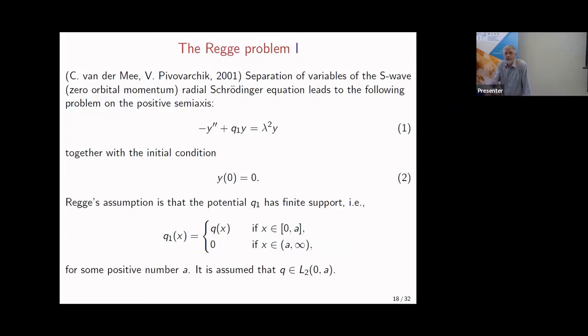So Q, which is the formula at the bottom of the slide, is Q of x when x is in the interval 0 to a, and 0 otherwise. And one is looking for solutions which are L2 on the positive real axis.